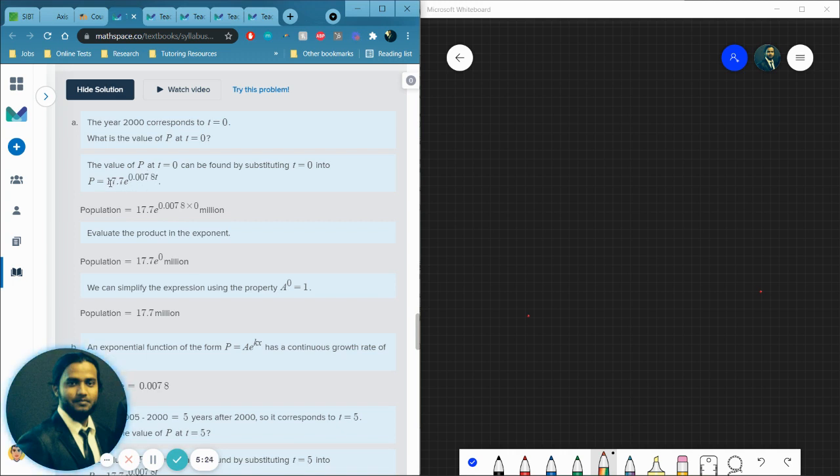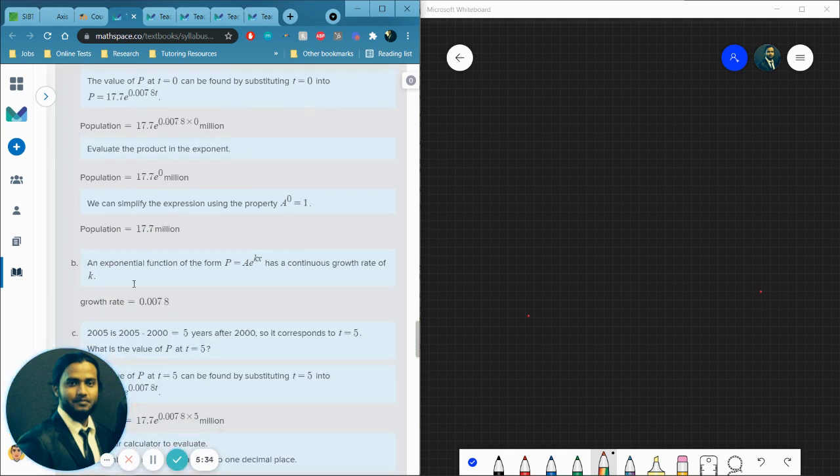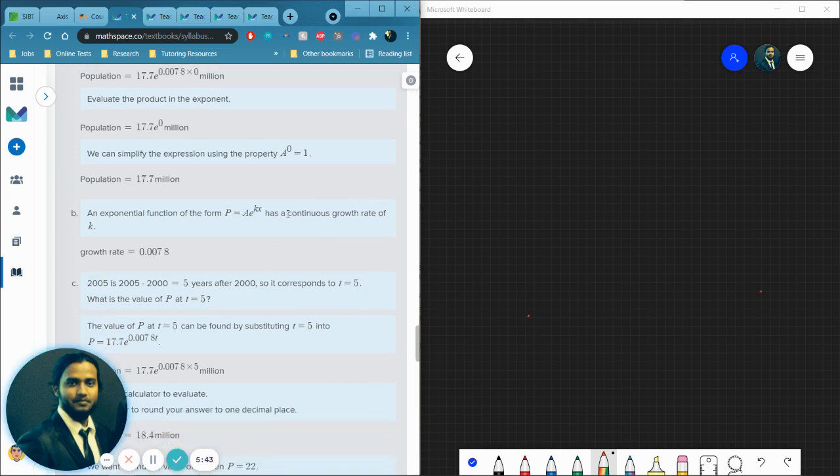So it's 17.7 million. That's the initial population, something we also got straight by comparing with the model. Now, the exponential function is P equals a e to the power kx or a e to the power kt. So the growth rate is k, which is 0.0078.